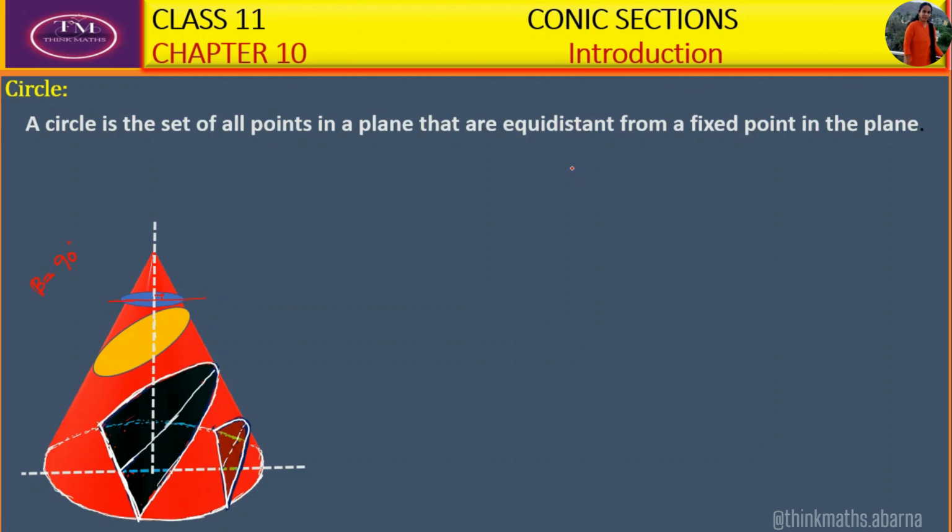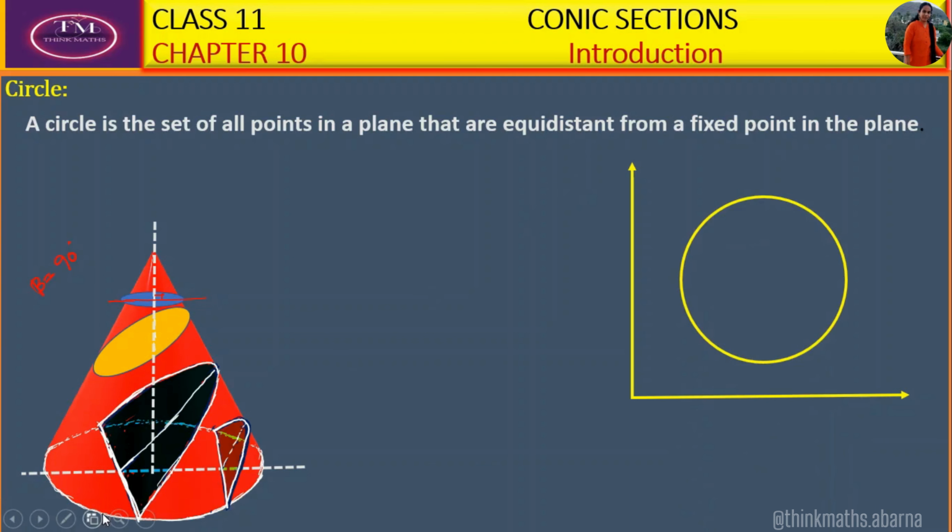Now, what is a circle? We will have the y axis and x axis and a circle. It is a set of all points in a plane that are equidistant from a fixed point.